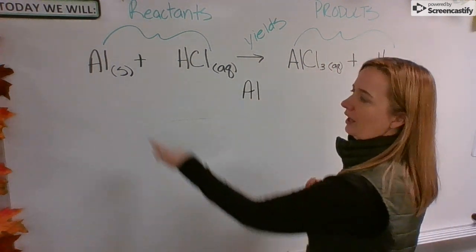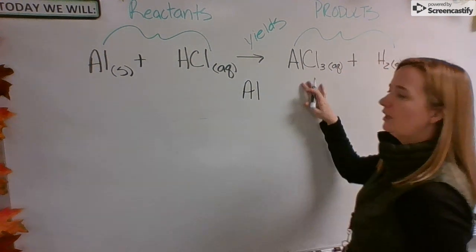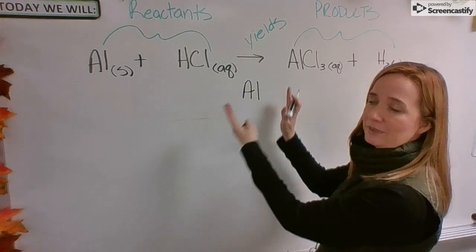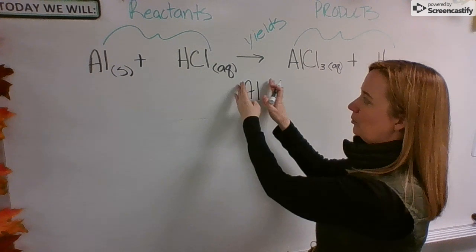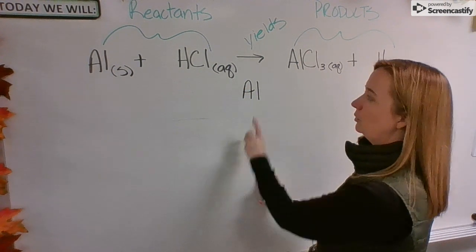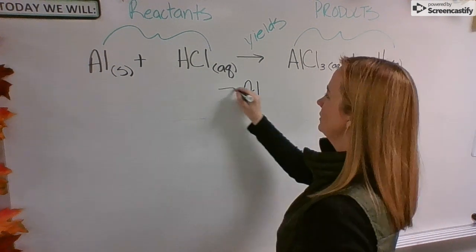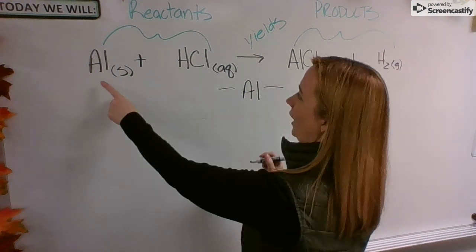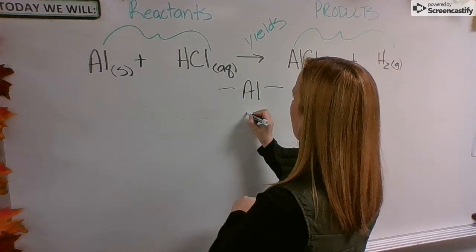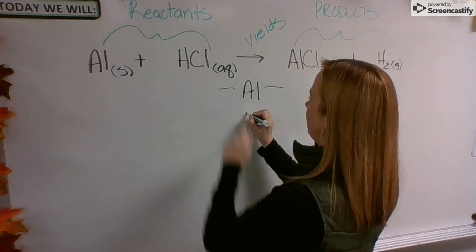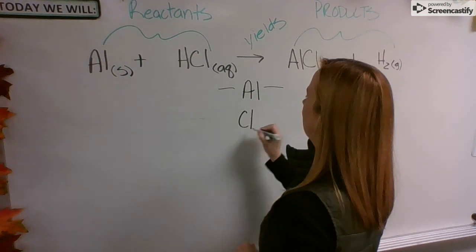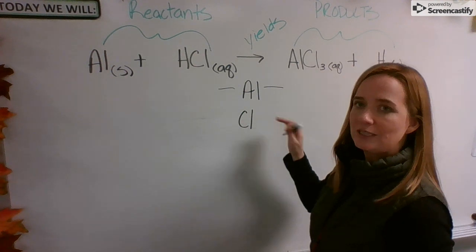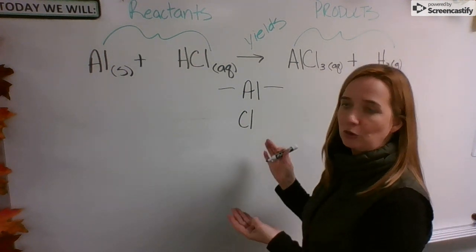As we talked about in class, you can make a column on the left and a column on the right, but for simplicity's sake, I'm going to go ahead and write it just straight down the middle because I know aluminum has to exist in equal amounts on both sides. So I have one aluminum, I have hydrogen, and a chlorine. Now, we talked about listing all of our metals first to make more complicated problems a little bit easier.